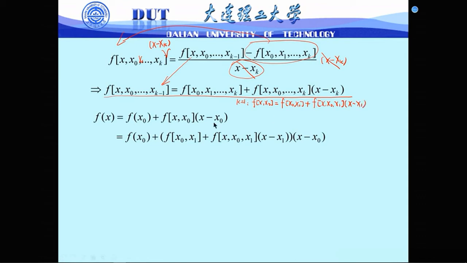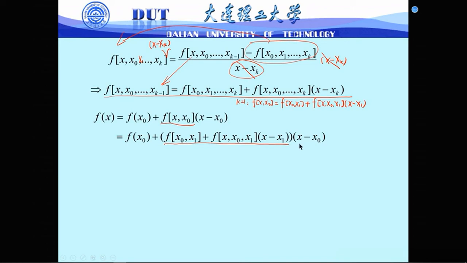So that means we can replace the left side term by the two terms on the right side. You see the two terms: f[x0, x1] plus f[x, x0, x1] multiply x minus x1. Then multiply by the factor x minus x0.